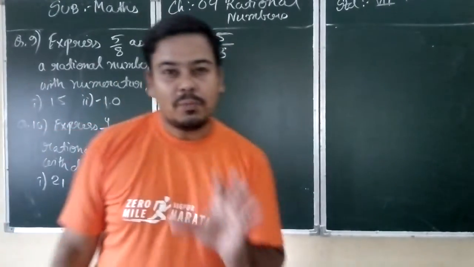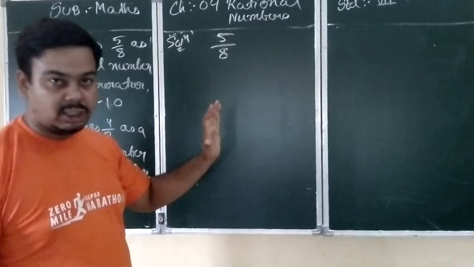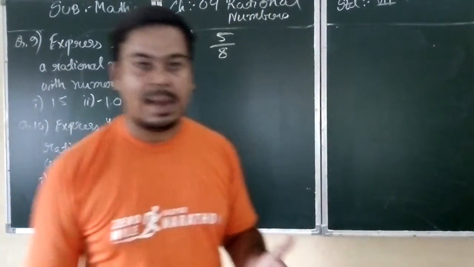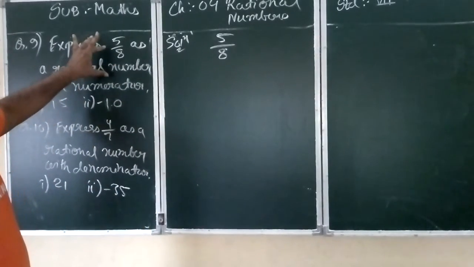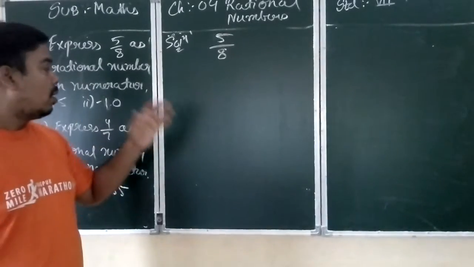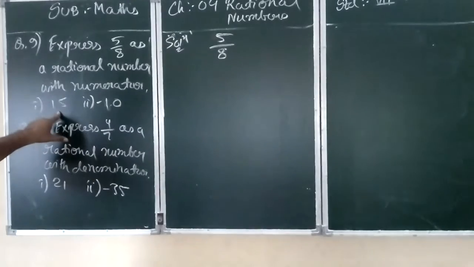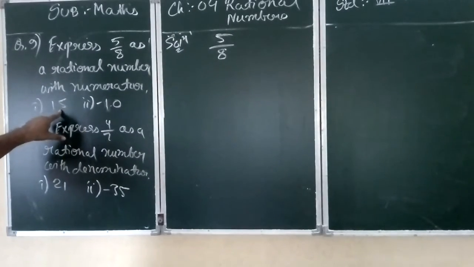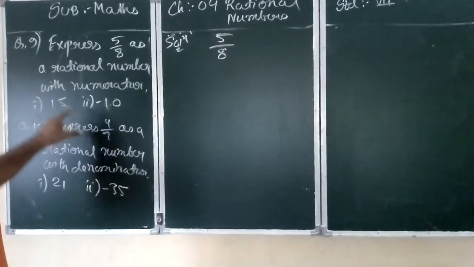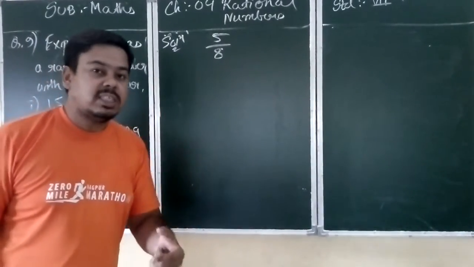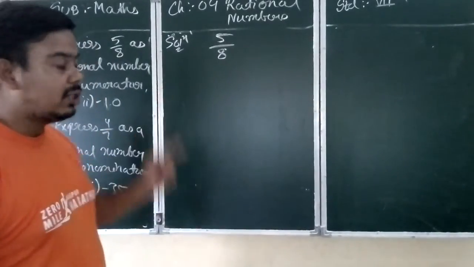So we use the first property of rational numbers: the rational number is unchanged when we multiply by n. So by what number should we multiply 5 to get the numerator 15? We want numerator 15.